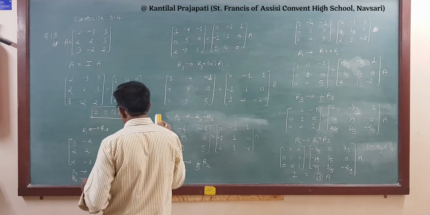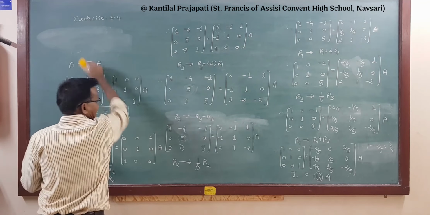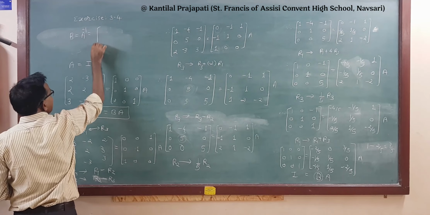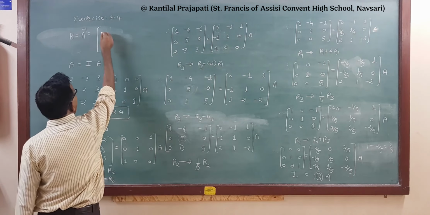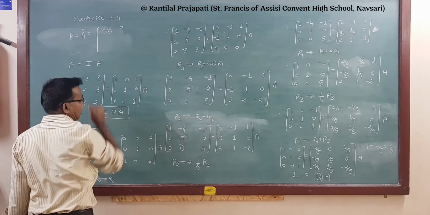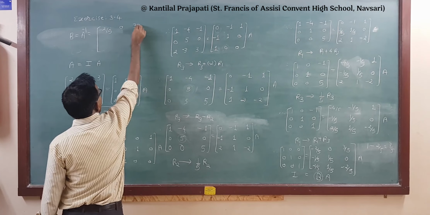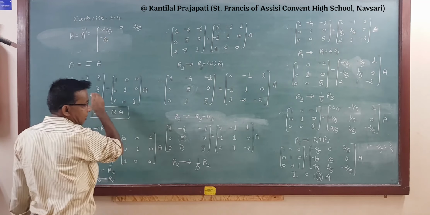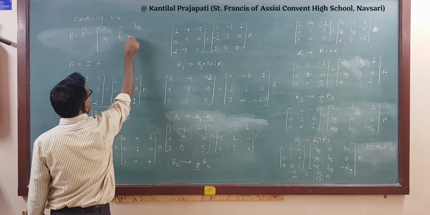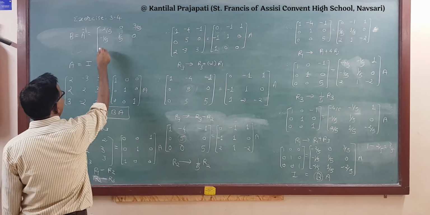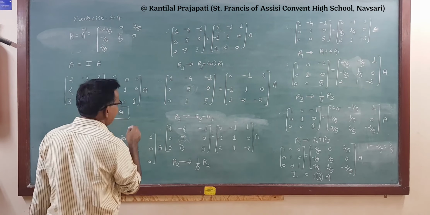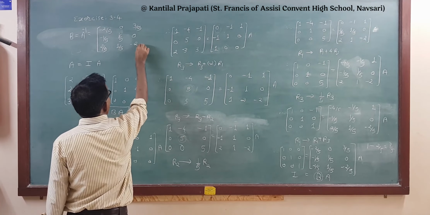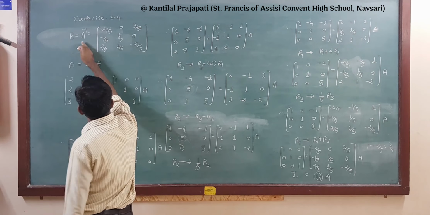Therefore, the inverse of matrix A will be, so B is equal to, we write A inverse, and is equal to minus 2 by 5, 0, 3 by 5, then minus 1 by 5, plus 1 by 5, 0, 2 by 5, 1 by 5, minus 2 by 5. So this is the inverse of matrix A.